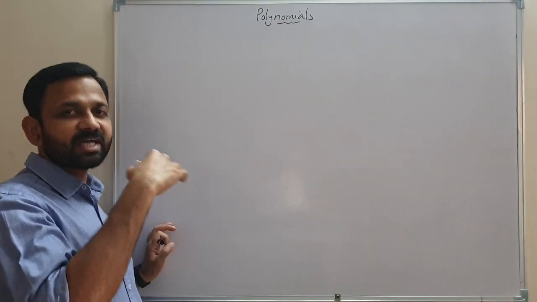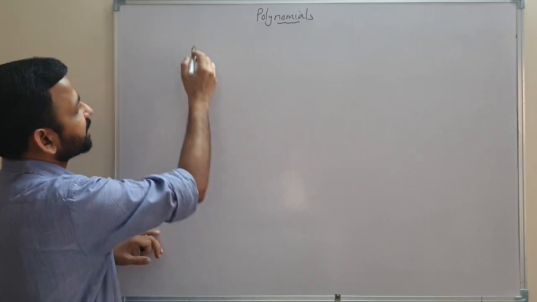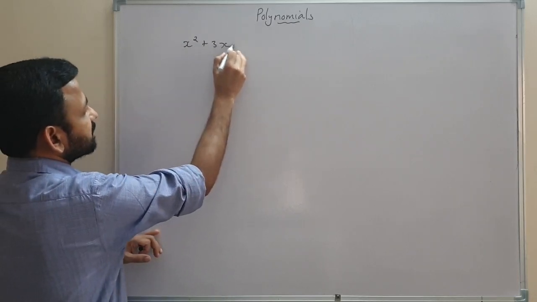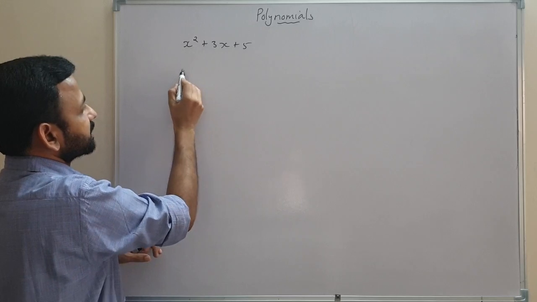I will give some examples of algebraic expressions. x square plus 3x plus 5 is an algebraic expression.